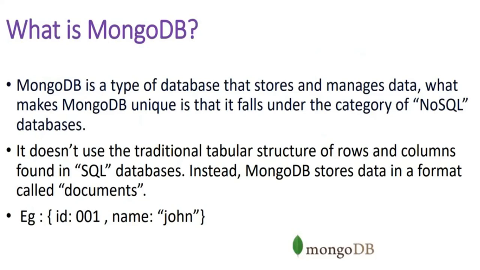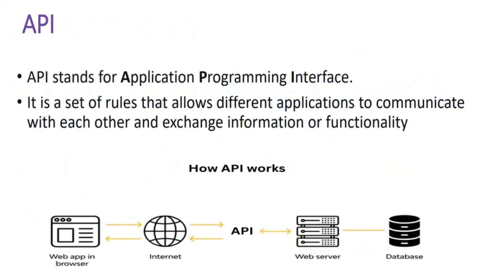Instead, MongoDB uses a document format to store all the data, so that in one document it can store all the data of a certain table which we use in SQL. One more table in SQL can be created in a second document, and vice versa.